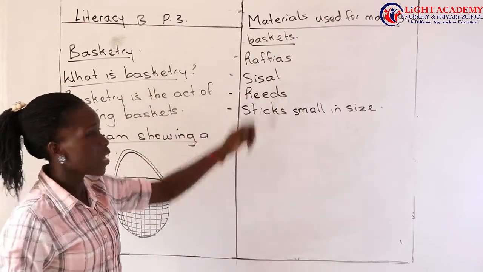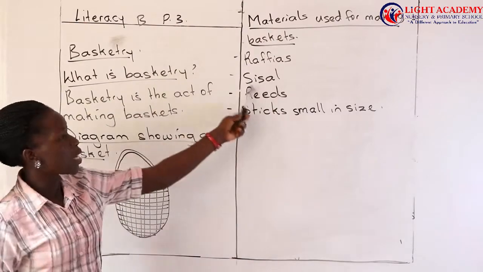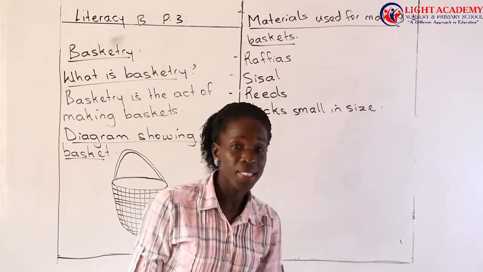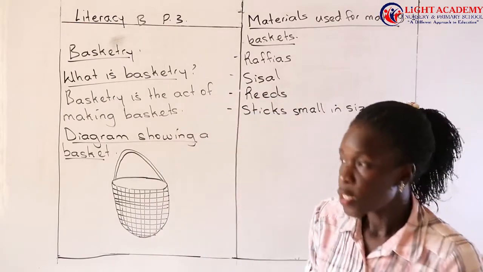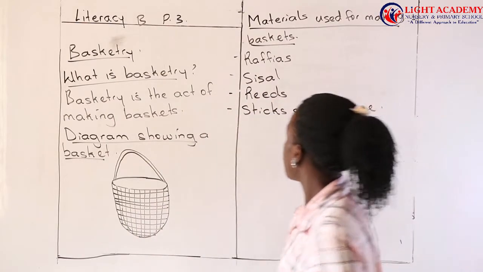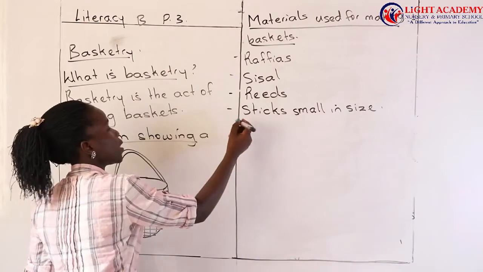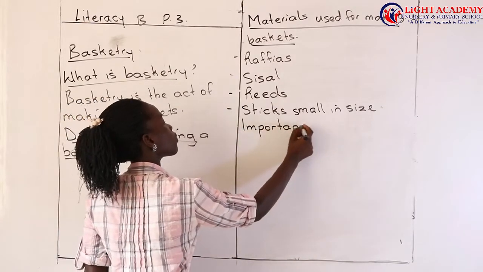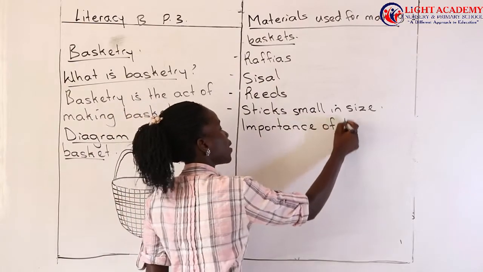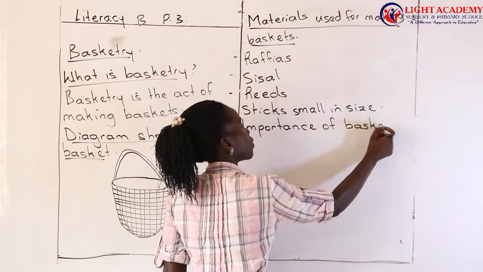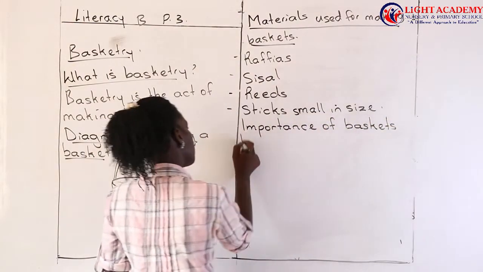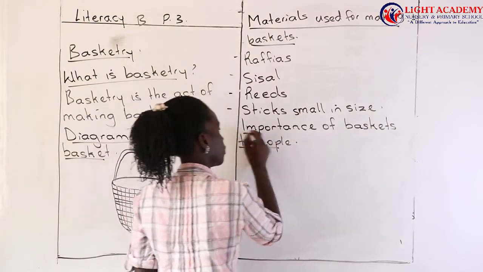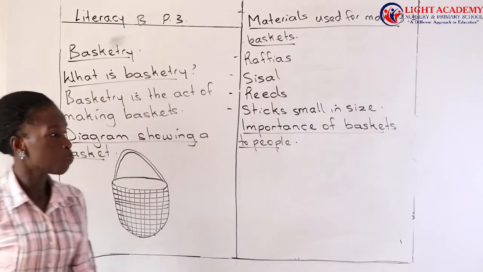You can use the raffia to tie them. You can use the sisal. You can use the reeds. You can use the sticks or the ones which are small in size. So what is the importance of baskets to people?